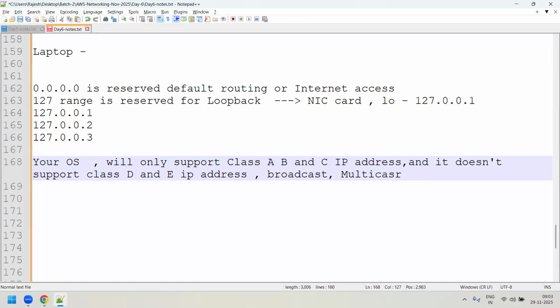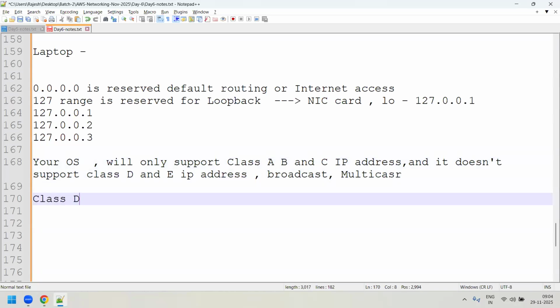These are not supported by your operating system. Correct, guys? And class D and class E IP addresses are reserved for multicasting.